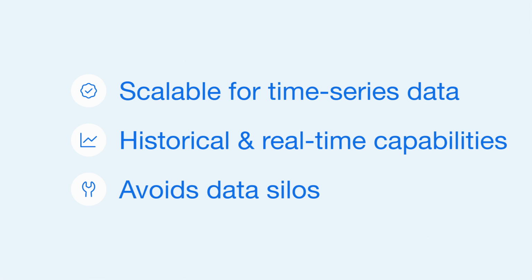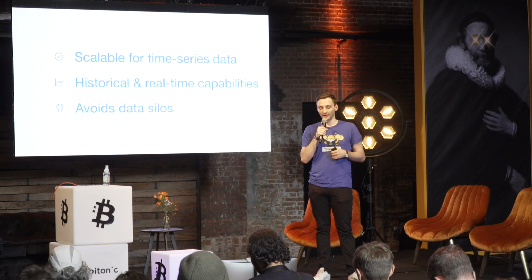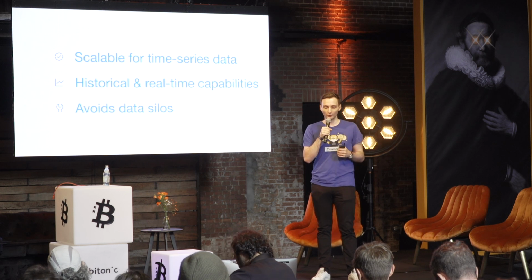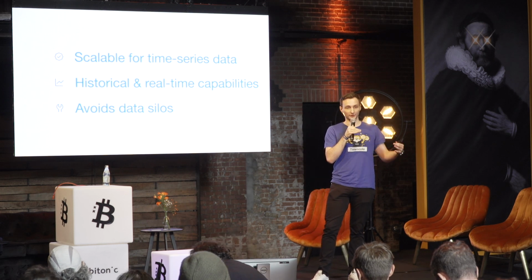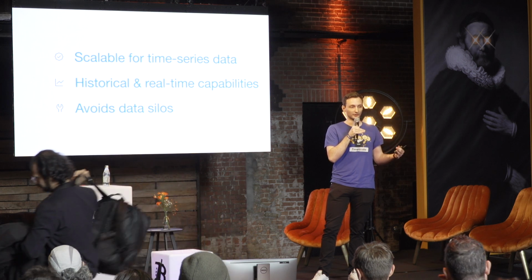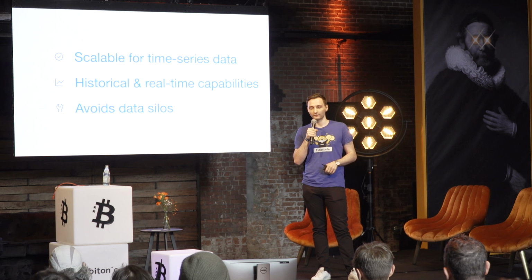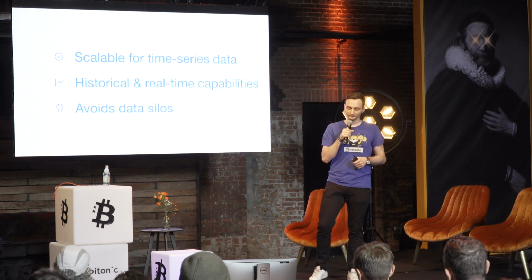Within TimescaleDB, the foundation for time series scalability is that we use auto partitioning based on the time column. So even though we are Postgres, whenever you insert data into a table, under the hood, it will get partitioned into multiple tables based on the time column. And that sort of provides the foundation for long-term scalability for your time series data.